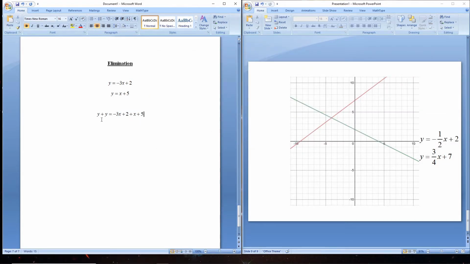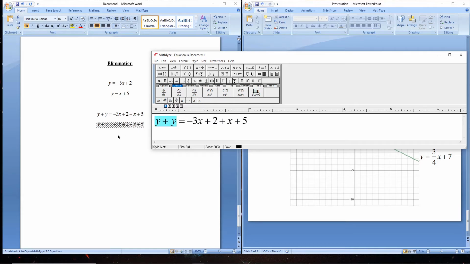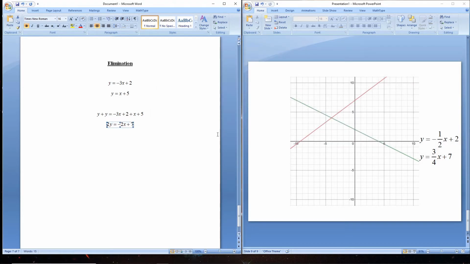And this result here, actually then, we can simplify a little bit, because y plus y is 2y, and minus 3x plus x would be minus 2x, and 2 and 5 would get us a 7. And this result we got from this elimination method.